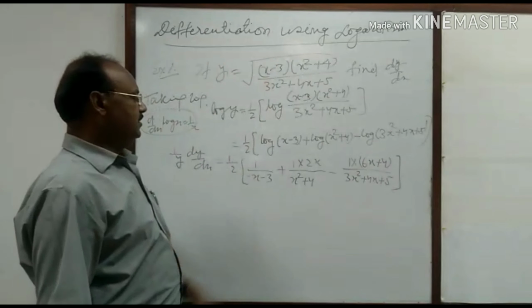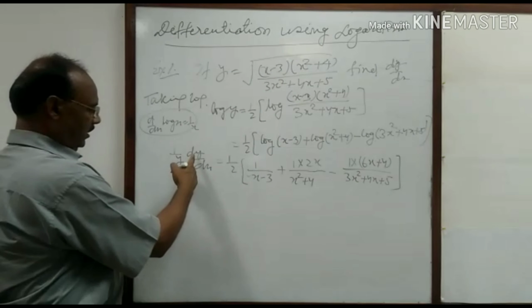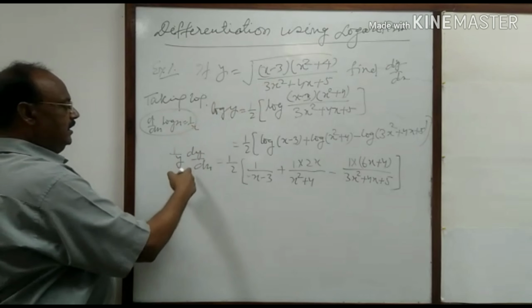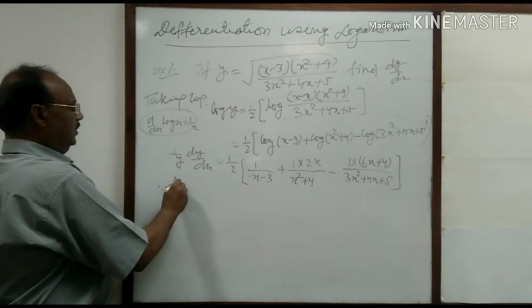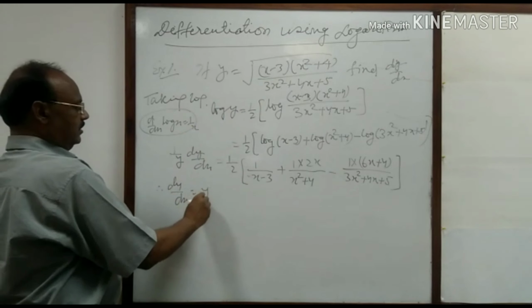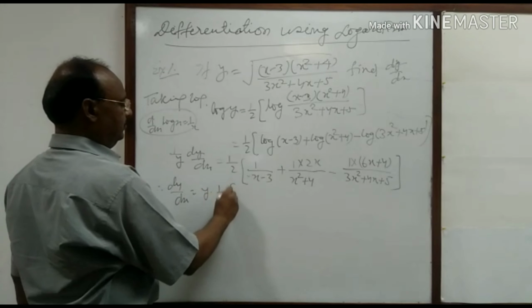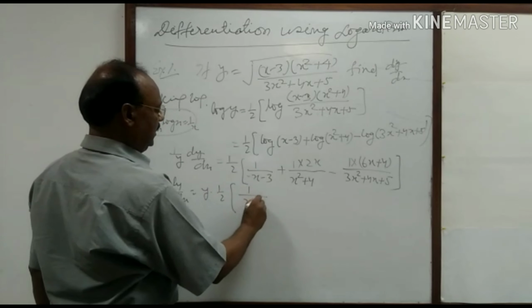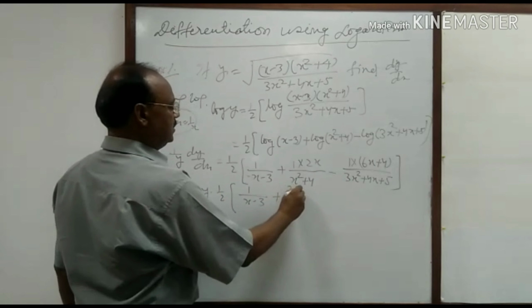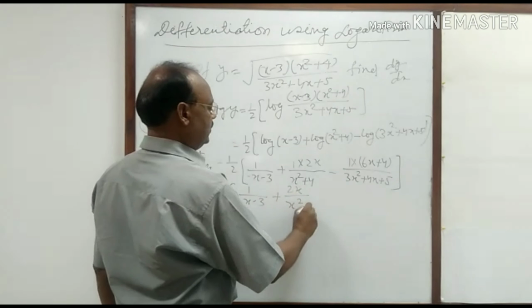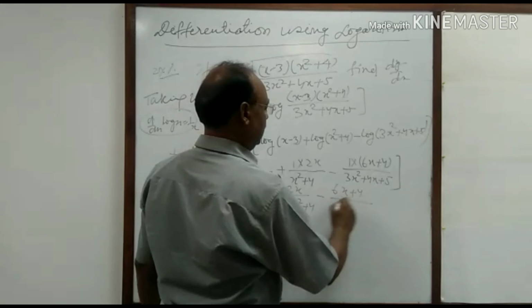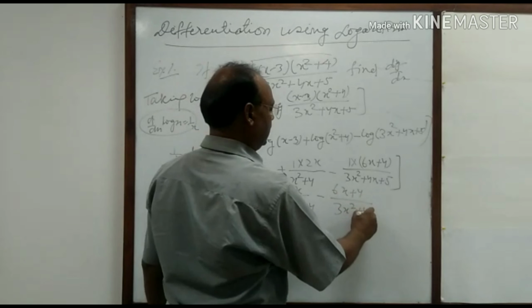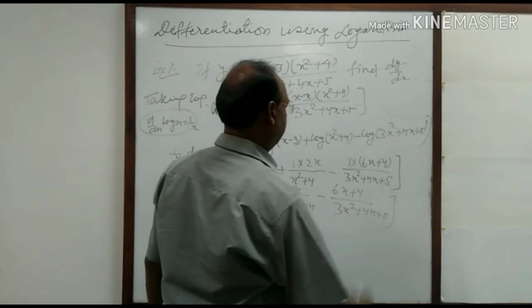Now we'll simplify it. Here we have to find dy by dx, so we can transpose this y to the right hand side. Therefore dy by dx is equal to y into half into 1 upon x minus 3 plus 2x upon x square plus 4 minus 6x plus 4 upon 3x square plus 4x plus 5.